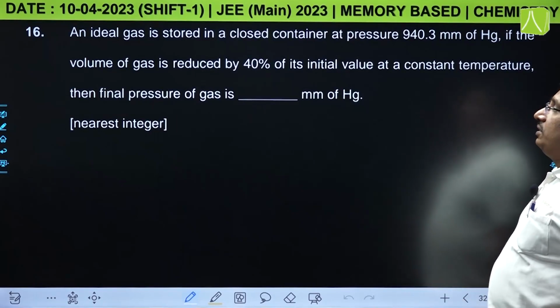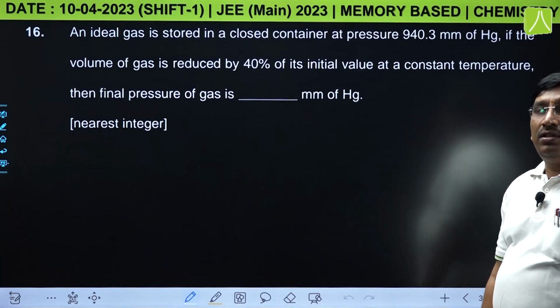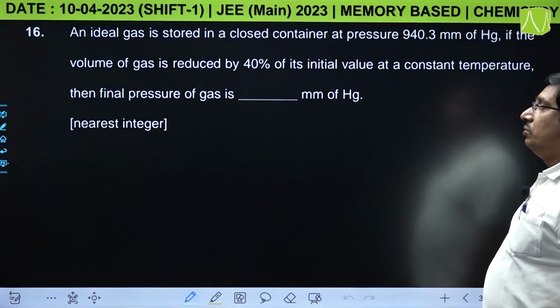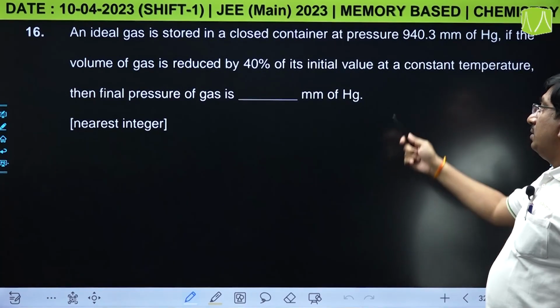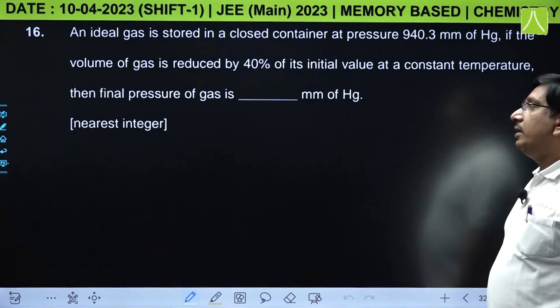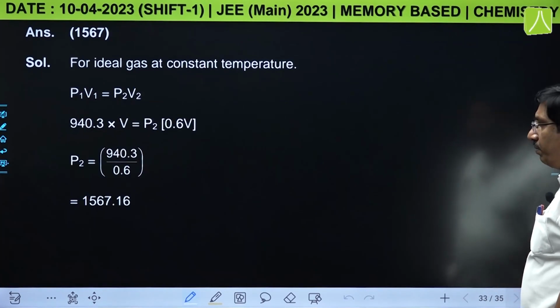Next, an ideal gas is stored in a closed container at a pressure of 940.3 mm, and if the volume of the gas is reduced by 40% of its initial value at constant temperature, then the final pressure of the gas is dash mm of Hg. It is a Boyle's law application.